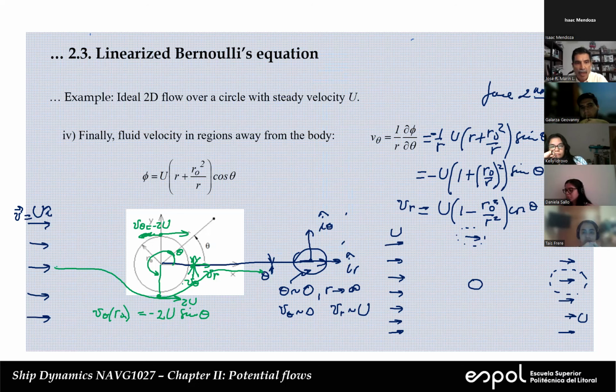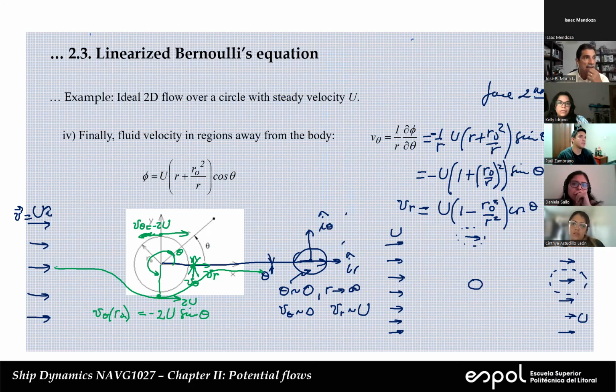Okay, now, remember that V sub r is equal to 0 on the body. Why is that? Do you remember why V sub r has to be 0 on the surface of the body?